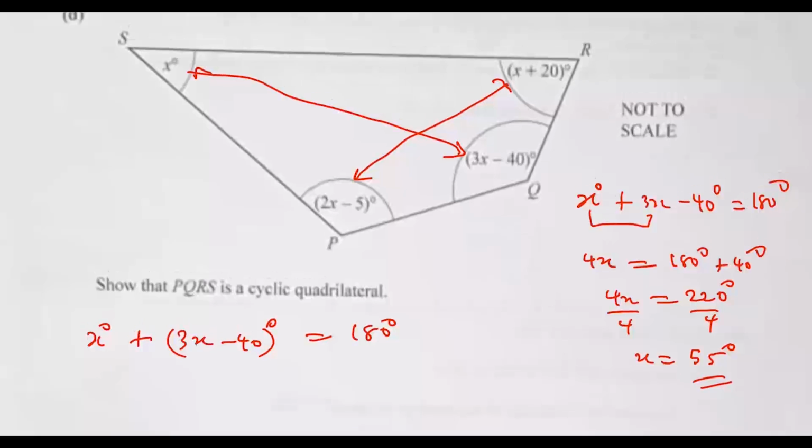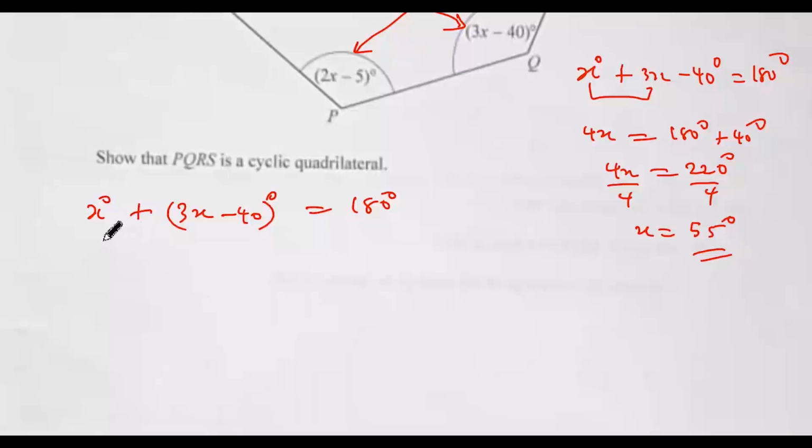Let's confirm that. The value of x is 55, so this will be 55 plus 3 times the value of x, which is 55, then minus 40.